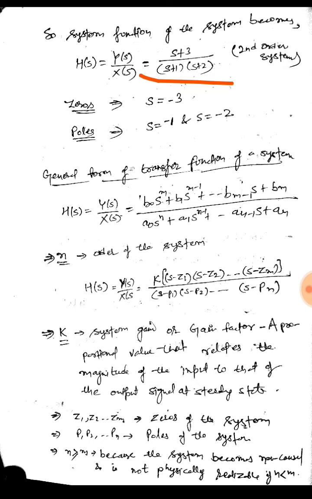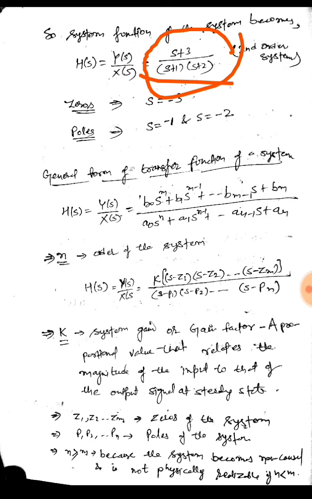So zeros of the systems can be found out as the values of s for which our transfer function becomes 0. That is, if I take s is equal to minus 3, it will be 0. So for the values of s for which our numerator becomes 0, the full transfer function would become 0.